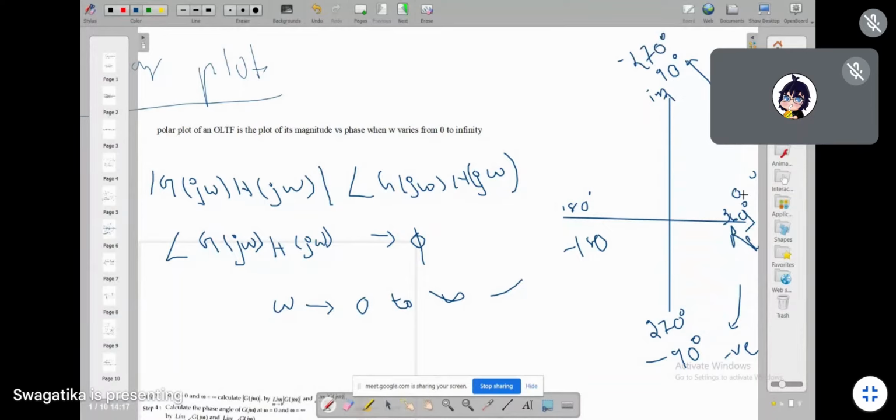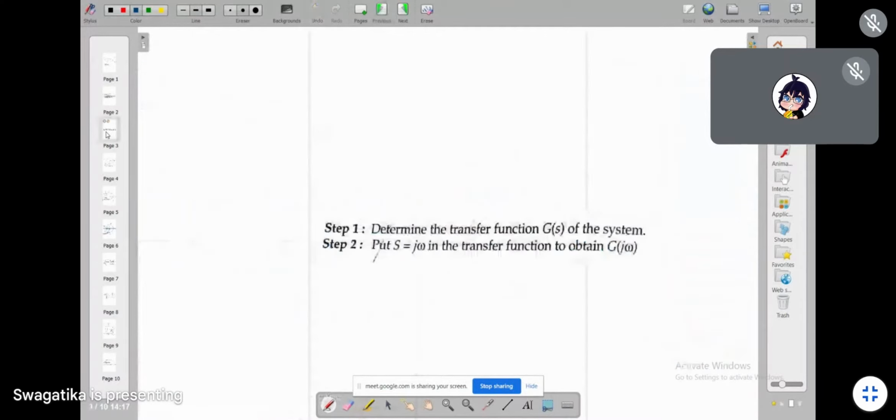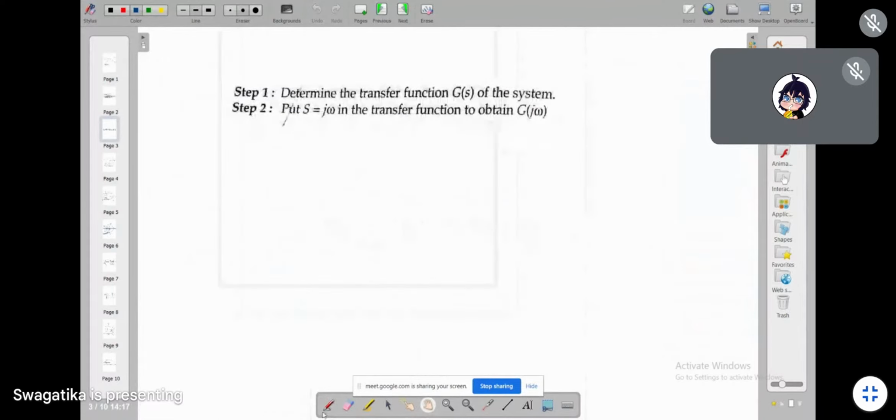So basically, how will you find out? What are the steps to find out the polar plot? Step number 1 is to determine the transfer function G(s) of the system. Then put s equals to j omega in the transfer function to obtain G(j omega). Suppose it is given G(s) equals 10 divided by 1 plus 5s.